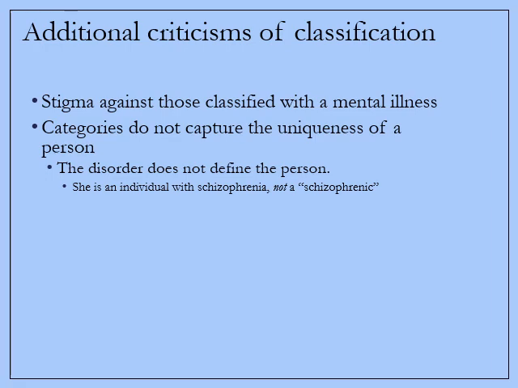As well, the categories we have don't capture the uniqueness of a person. A disorder doesn't define a person. For example, a big pet peeve of mine is the term schizophrenic. There's no such thing as a schizophrenic. There's a person with schizophrenia, but schizophrenia does not define the person.